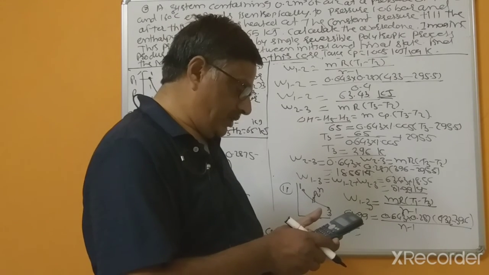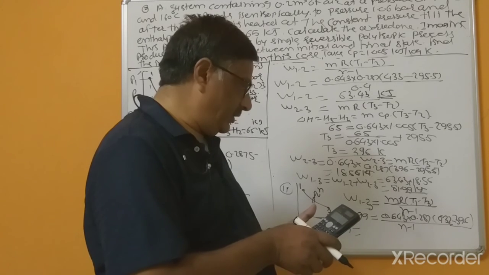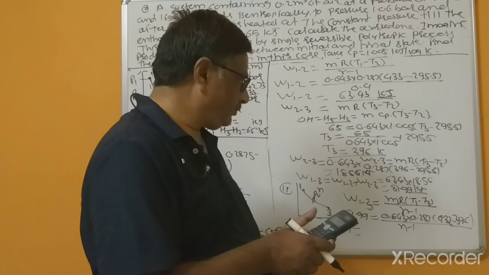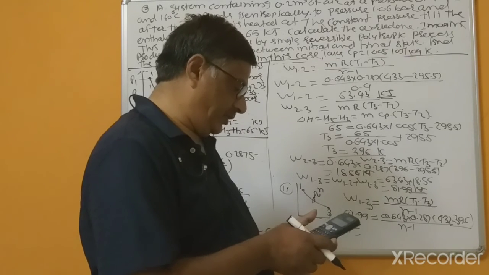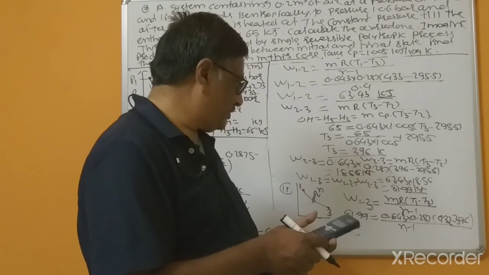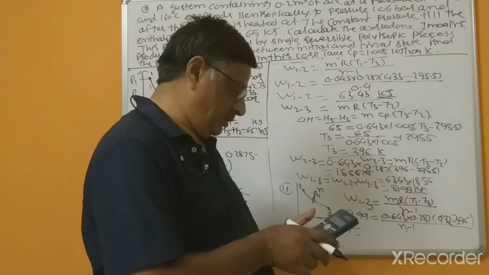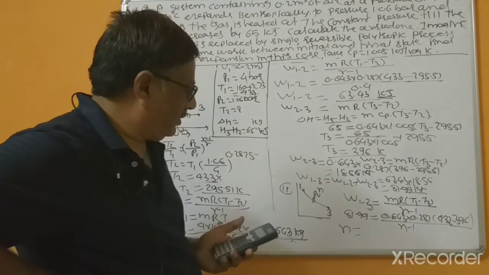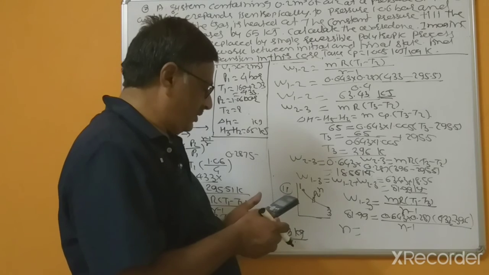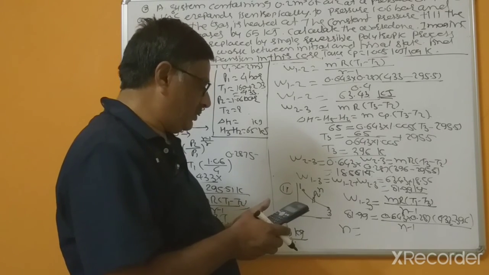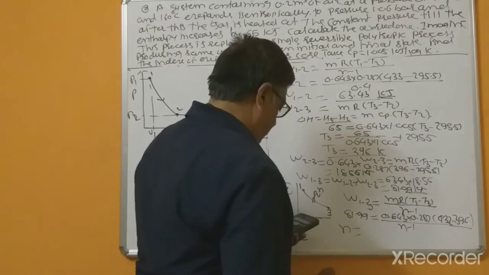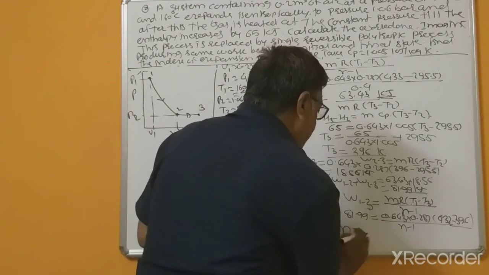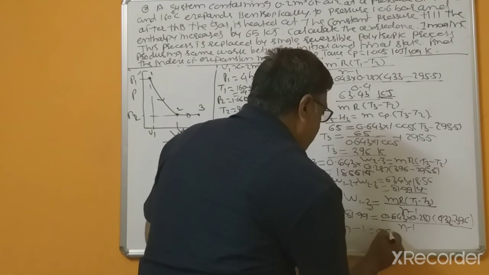Here, 433 minus 396, multiplied by 0.287 and 0.643, divided by 81.99, gives n minus 1 equal to 0.083.